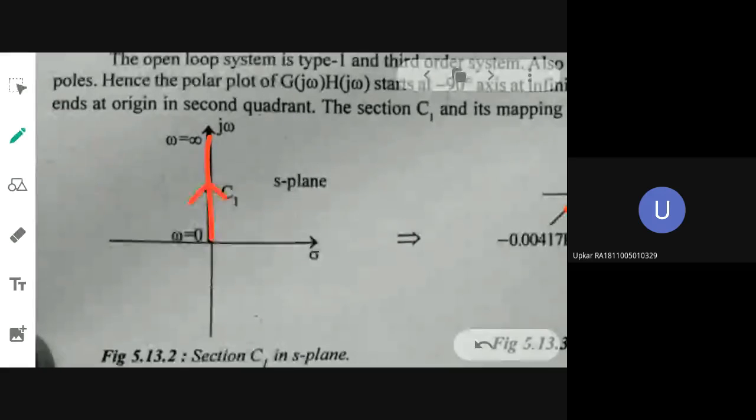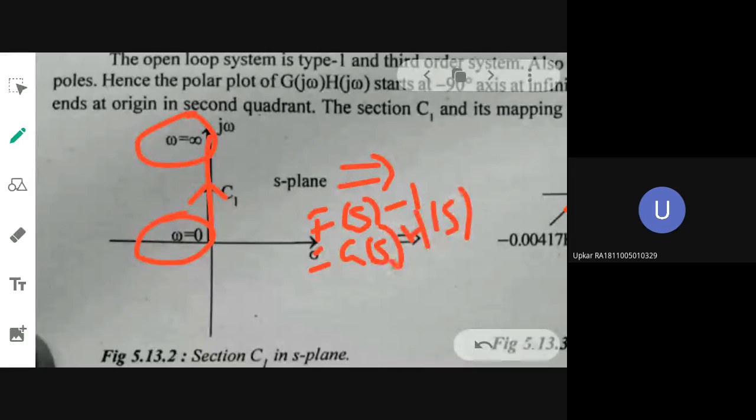This is your first segment, that is your imaginary line segment, originating from omega equal to 0 to omega equal to infinity. Then you have to map onto the F of s equal to 1 plus G of s into H of s contour. So the map will always be a polar plot. That's why the polar plots are also called Nyquist plots. Somebody was asking me some doubt earlier, so this is the reason why both are called in the same fashion. So the map for line segments are always polar plots.